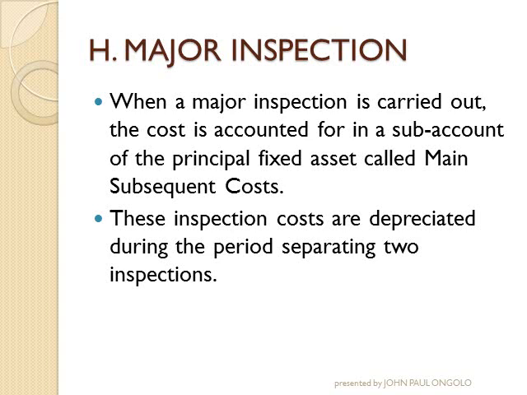The inspection costs are depreciated during the period separating 2 inspections. This is important to know, as it will determine the useful life of the inspection cost: the period separating 2 inspections.